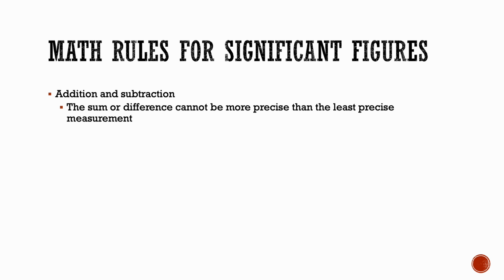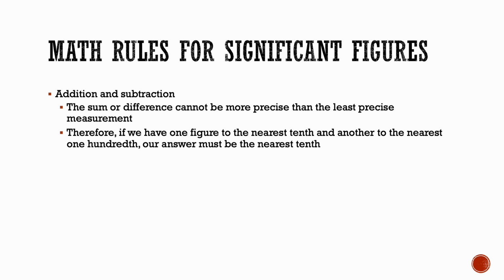Alternatively, if we're looking at decimal places, if we have one figure to the nearest tenth, so 1 decimal place, and another to the nearest hundredth, so that's 2 decimal places, our answer would be to the least precise of those, which would be 1 decimal place, so the nearest tenth. An example of that would be if we have 23.4 plus 0.51. Our calculator gives us 23.91, but our answer would be 23.9 because that first term only had one decimal place, so our answer could only have one decimal place.